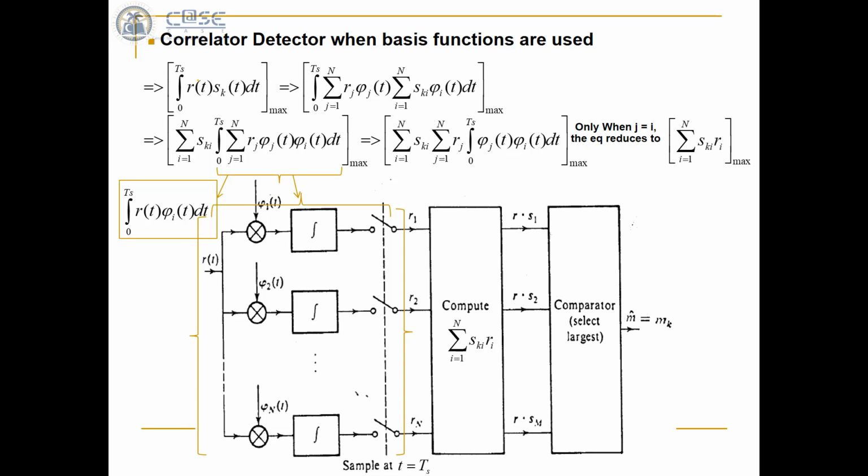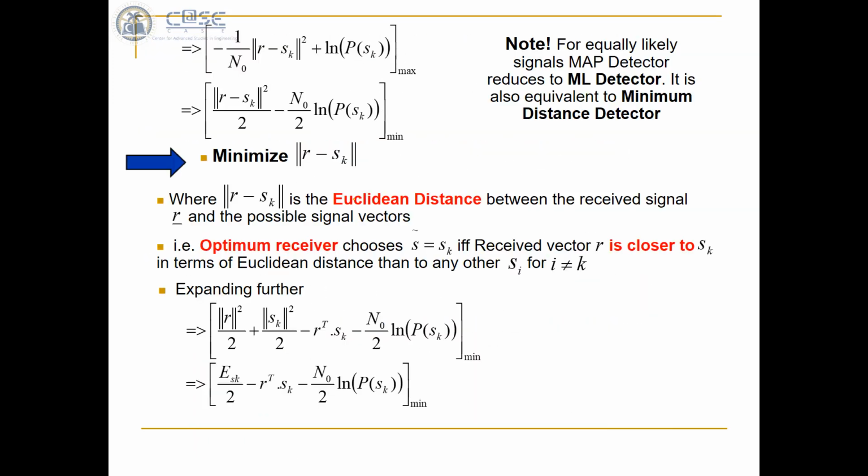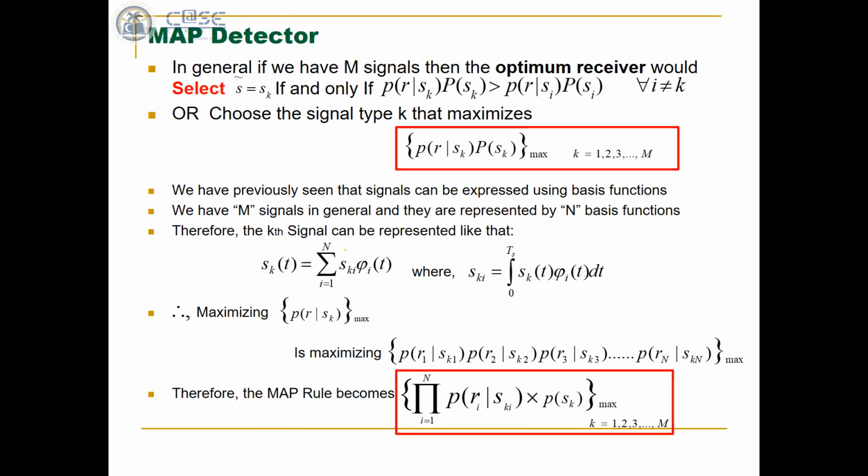Alright, so in this first step, we have replaced R of t and Sk of t in terms of their basis function representation, respectively. Let me give you a reference for that. If you go back a few slides, you see here, Sk of t is represented in terms of the basis functions along with the contributions, right? So it's the sum of the contributions of all the basis functions used in the process.